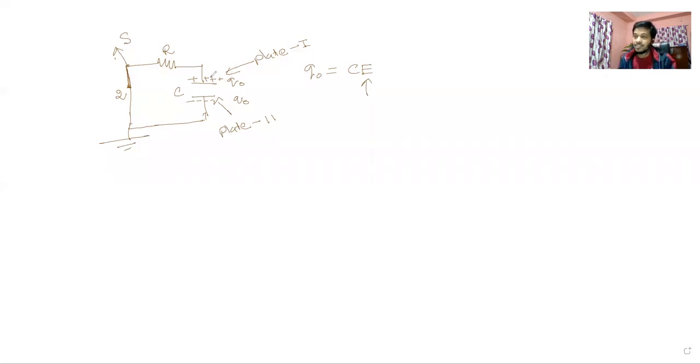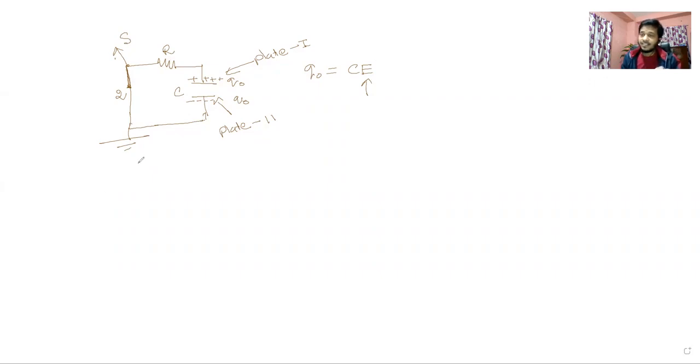If we have charged our capacitor completely, the capacitor has achieved its steady state condition, and under steady state condition the capacitor voltage equals the applied voltage. So Q naught equals C E.